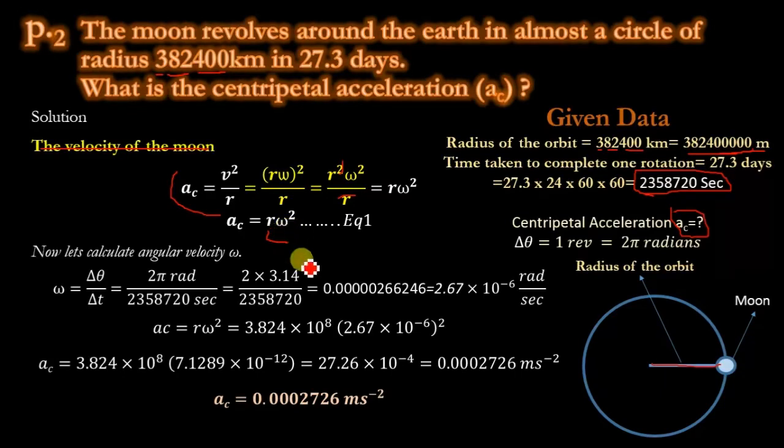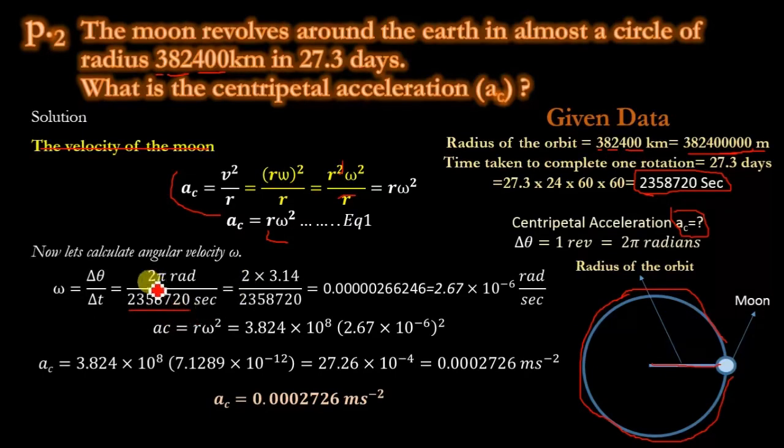Angular velocity is based on the time during which it completes one revolution, and we know that omega is equal to del theta divided by t. Here del theta is equal to one revolution, one complete rotation of the moon around the earth, and we know that one revolution of any circle is equal to 2 pi radian, divided by del t. The time during which it will complete one circle is given as 27.3 days.